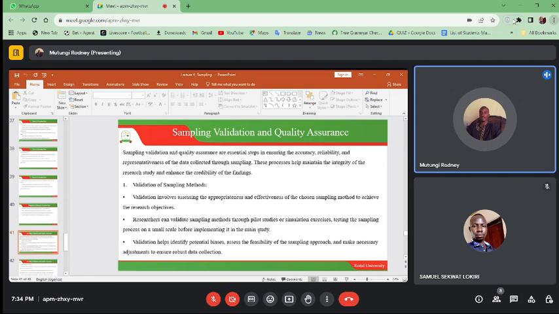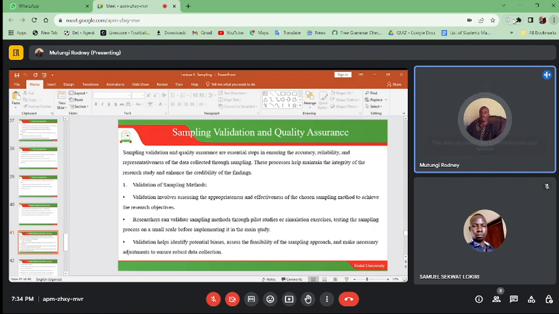So it helps to identify the potential biases, what could lead to the bias. Is this question formulated in a way that maybe the respondents are not going to give us answers? If we are going to use this method, are we going to skip? Are we going to represent each and every one?